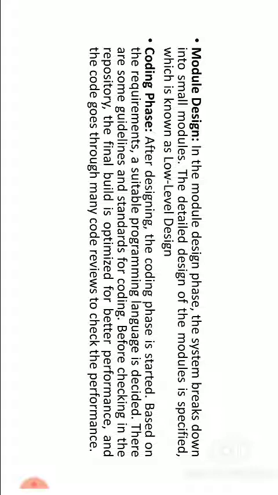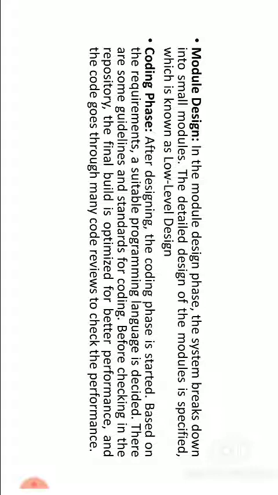Coding phase means that after the designing phase, the coding phase starts. Based on the requirements, a suitable programming language is decided. Okay, what type of programming you have to use for the application, whether you go for Java or C language or Python, which language you have to choose for the coding part.